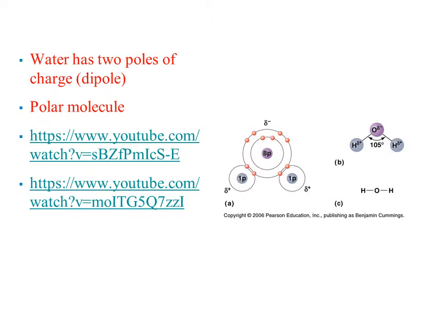So water has two sides. It has a slightly negative side and a slightly positive side. The slightly negative side will be the oxygen, and the slightly positive side would be the hydrogen. So water is going to create a dipole.